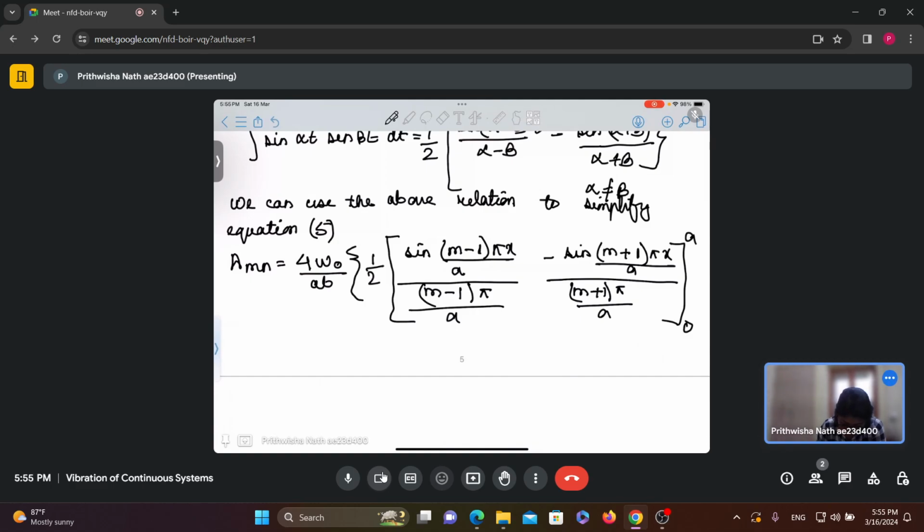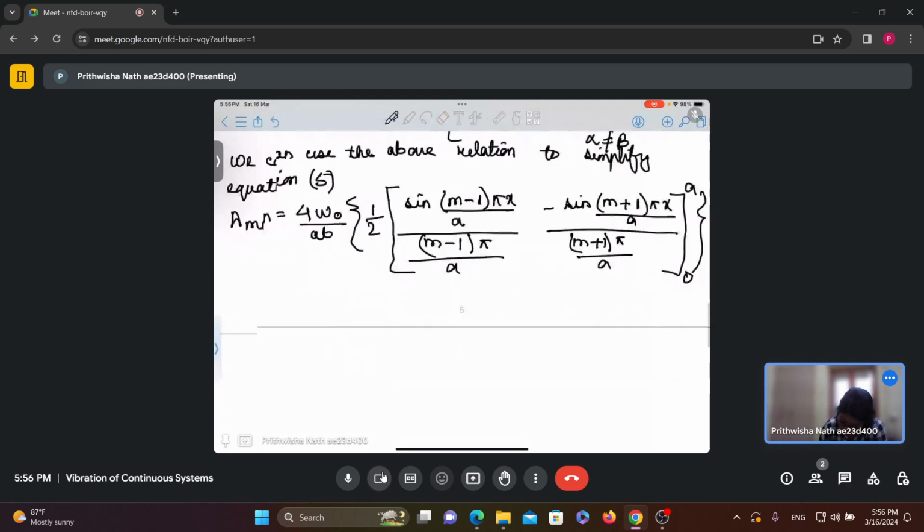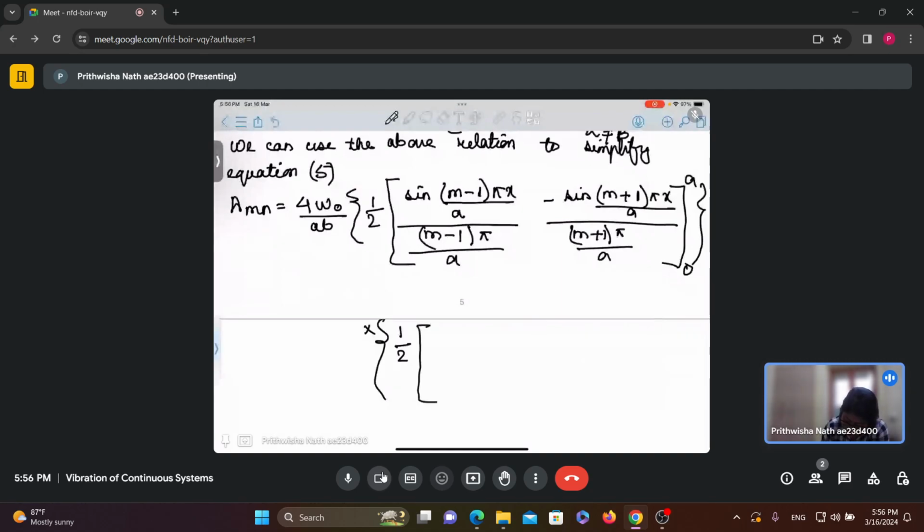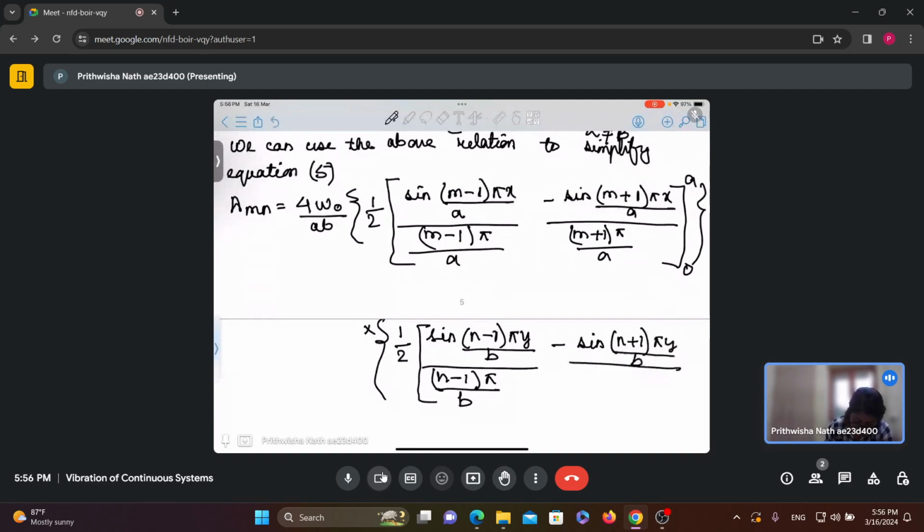So we can write this as into half of sine of (n minus 1) pi y by B divided by (n minus 1) pi by B, and the next term is minus of sine (n plus 1) pi y by B, whole divided by (n plus 1) pi by B, and this varies from 0 to B.